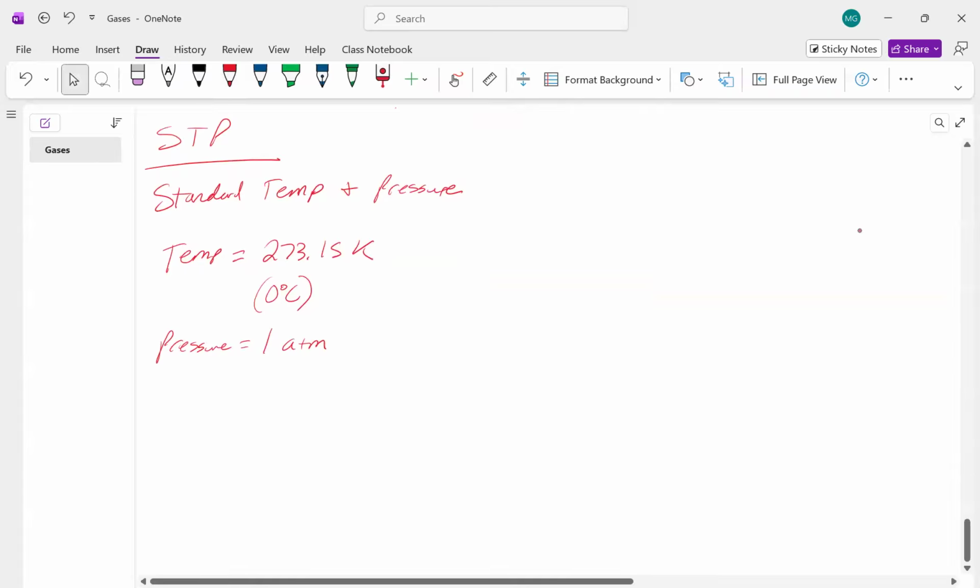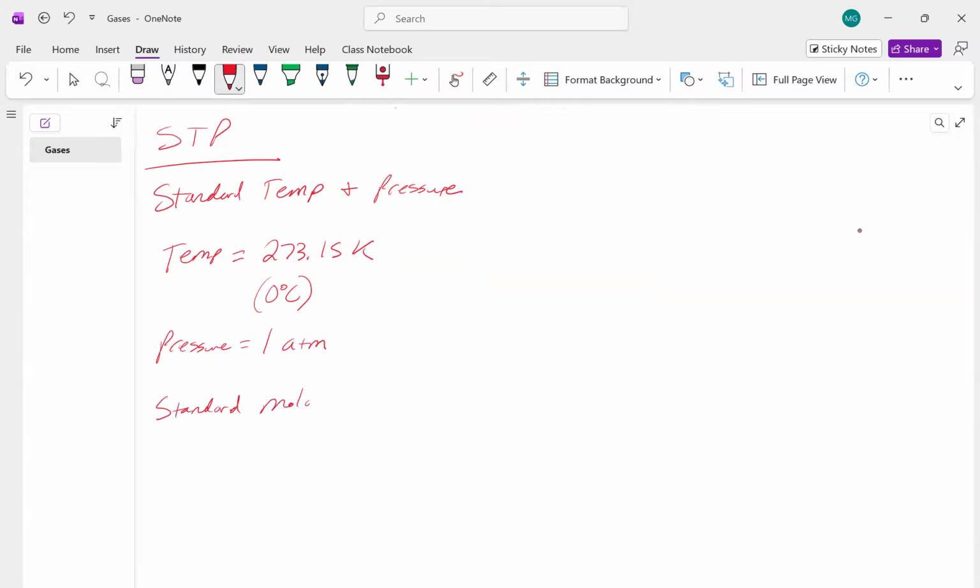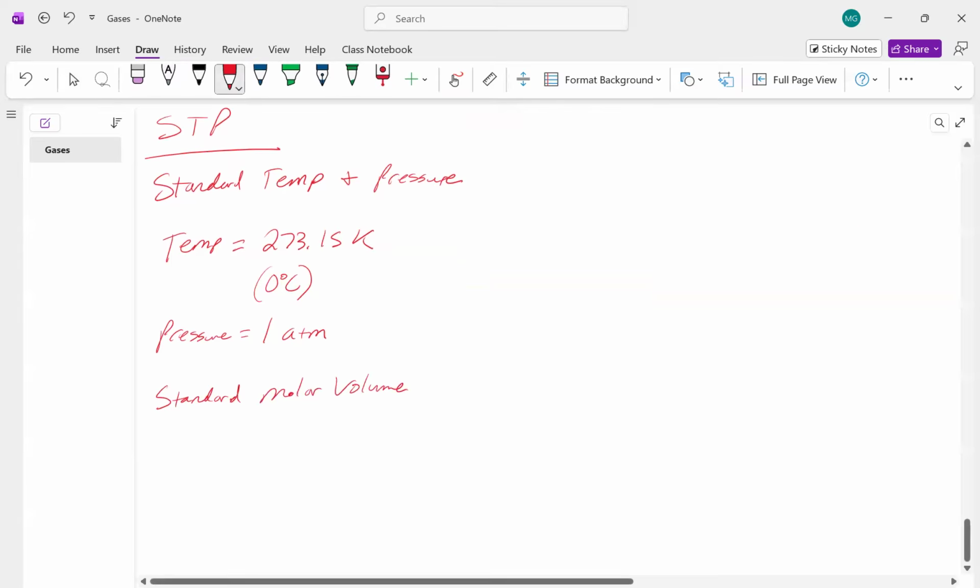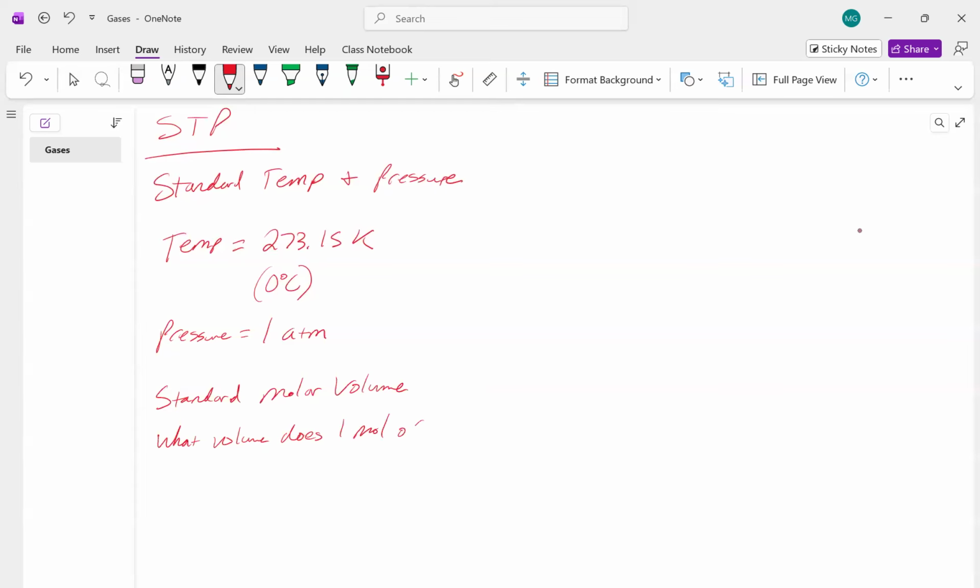Now, another standard that we use quite a bit and that you need to know is what's called standard molar volume. And basically, if we're to ask ourselves, what volume does 1 mole of gas occupy at STP?